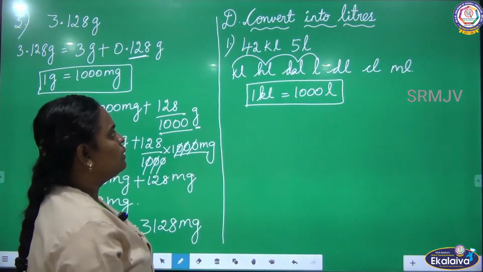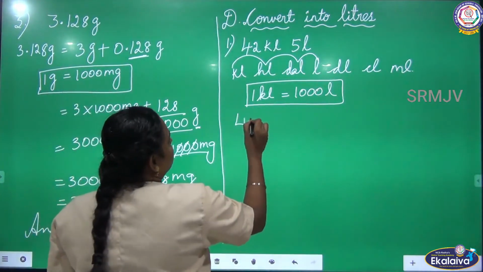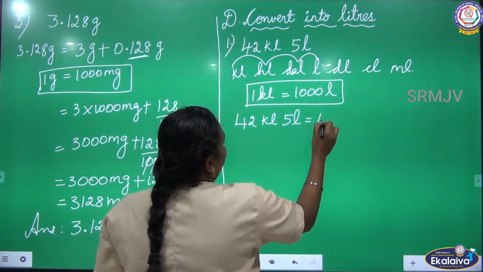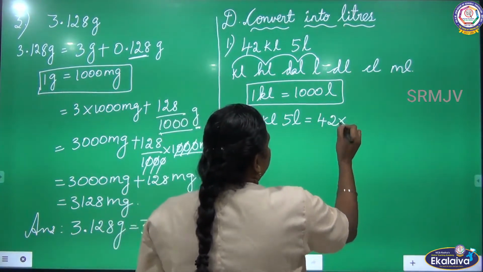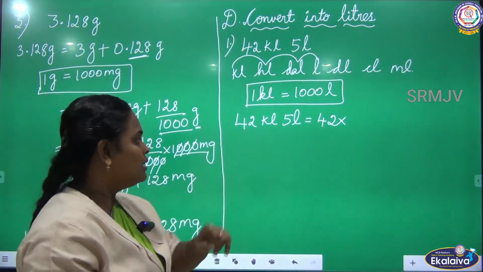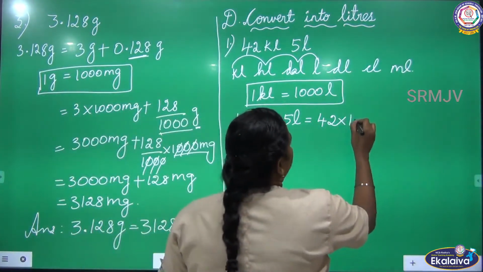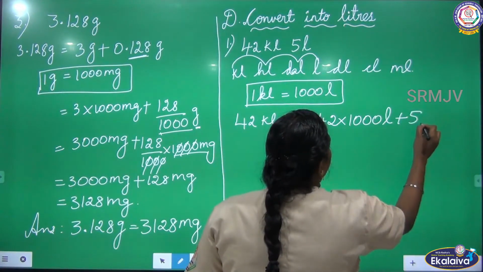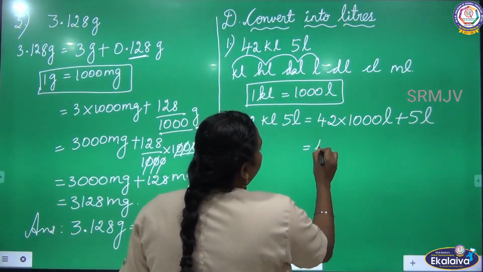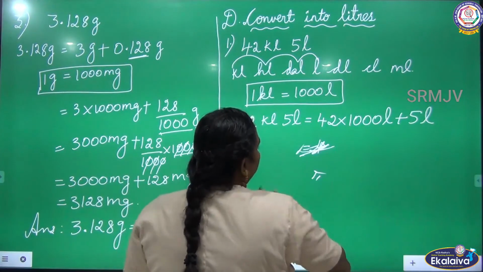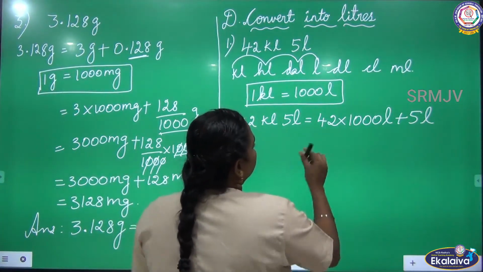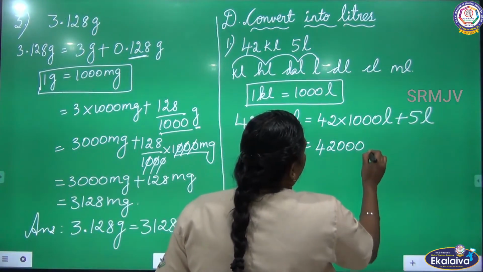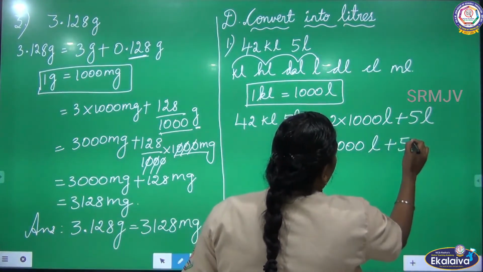So 42 kiloliter, 5 liter equal to 42 into 1000. So 1 kiloliter equal to 1000 liter. So 42 kiloliter equal to 42 into 1000 liter plus 5 liter. So 42 into 1000, 42,000 liter plus 5 liter.